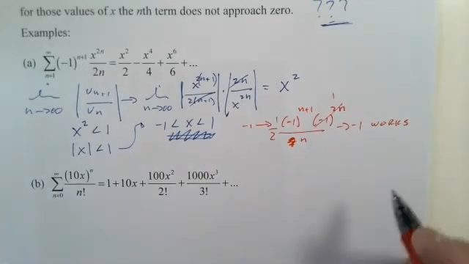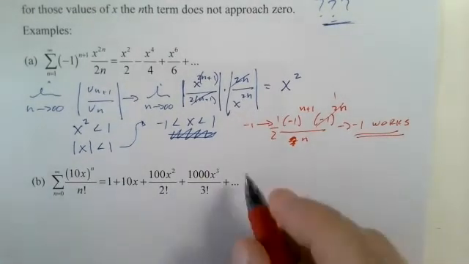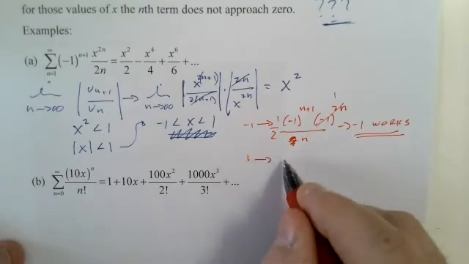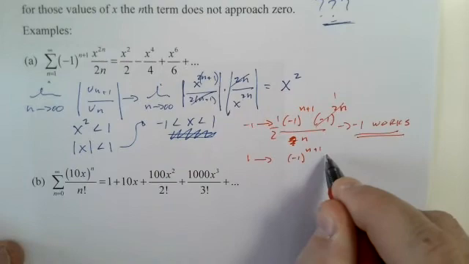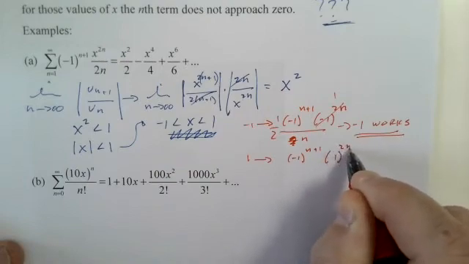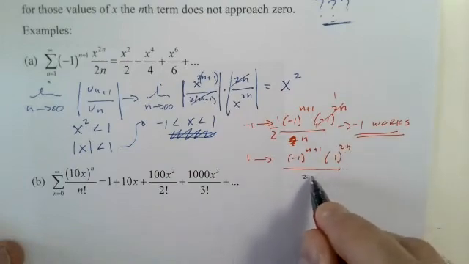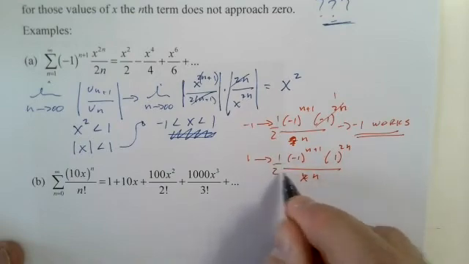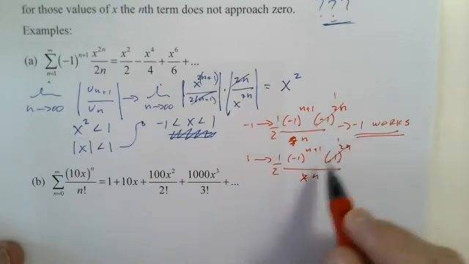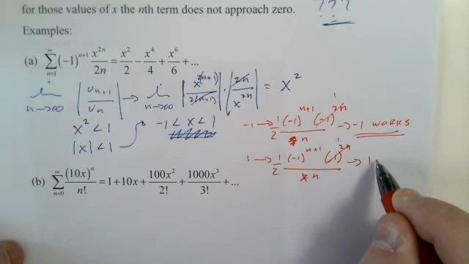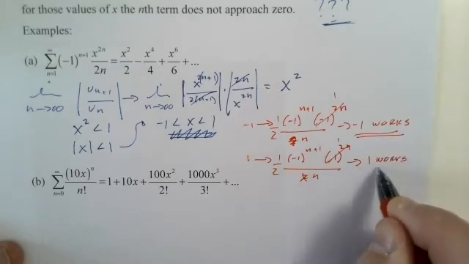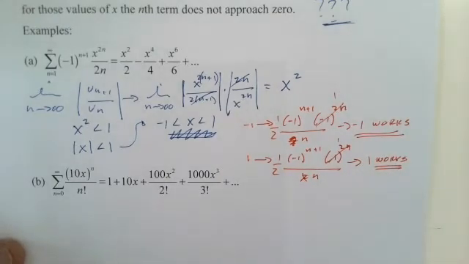Okay. Let's try 1. We get (-1) to the n plus 1, 1 to the 2n over 2n. Let's throw that 1/2 out front. That's just 1. Alternate. 1 also works. Excellent.